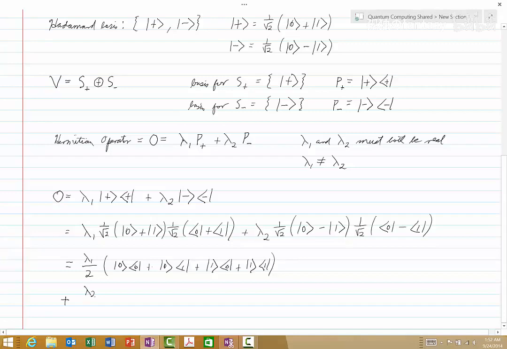And then the second term will give us lambda 2 over 2. And again, you see we have 1 over square root of 2, 1 over square root of 2, so that's 1/2 times lambda 2. So that's how we get lambda 2 over 2. And then this time we will have |0><0| minus |0><1| minus |1><0| plus |1><1|.